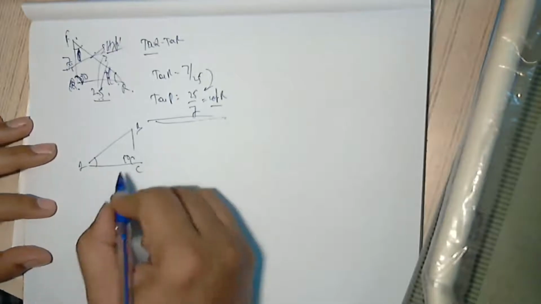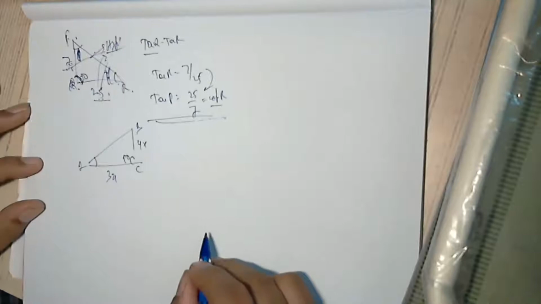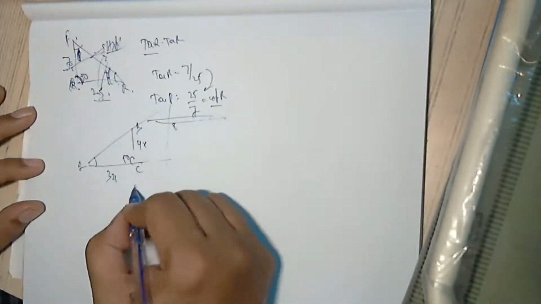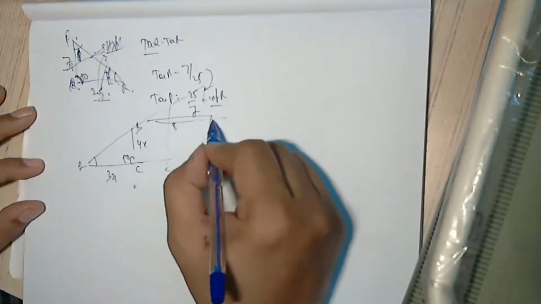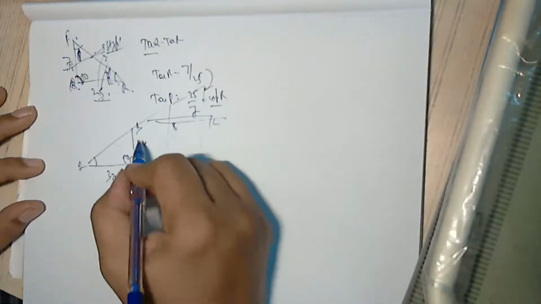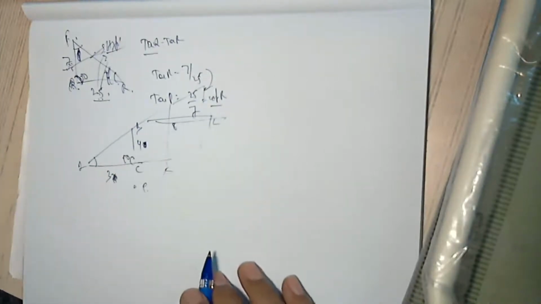Tan A is equal to 4 by 3. Let us say 4x and 3x. So I can have any triangle, 8 by 6 or 12 by 9. X can be anything, but for my simplicity I am taking the smallest, x as 1.